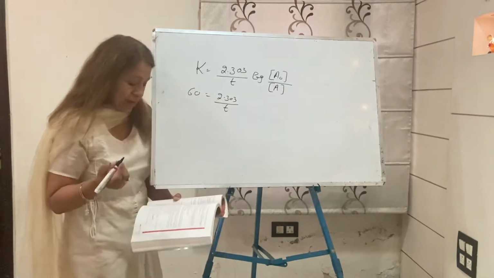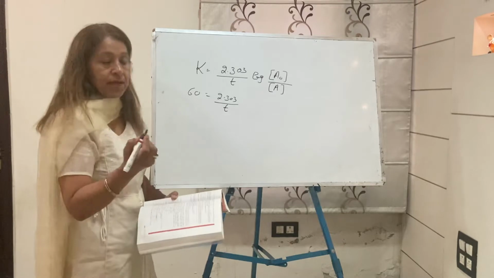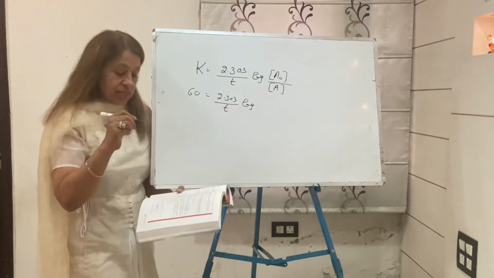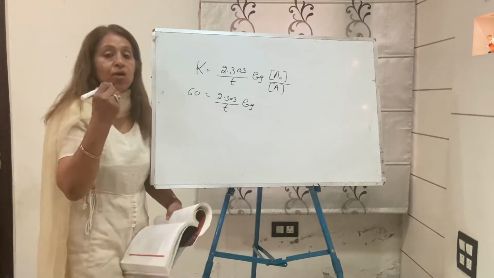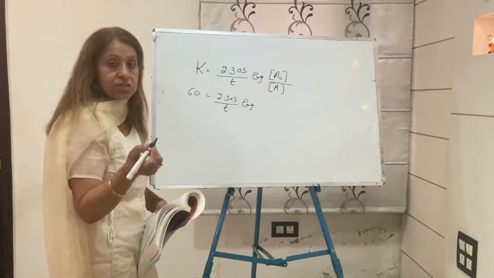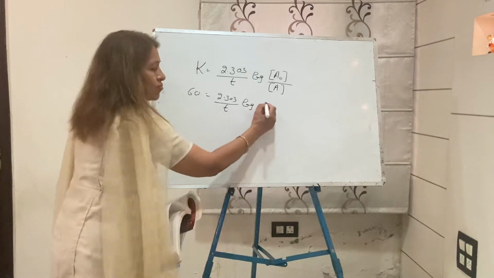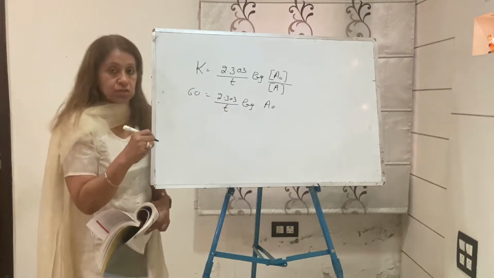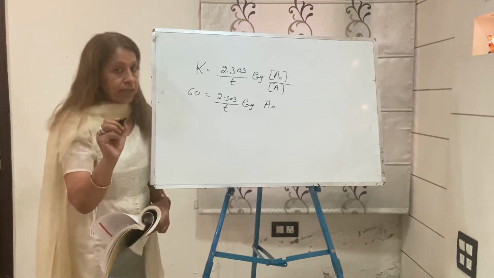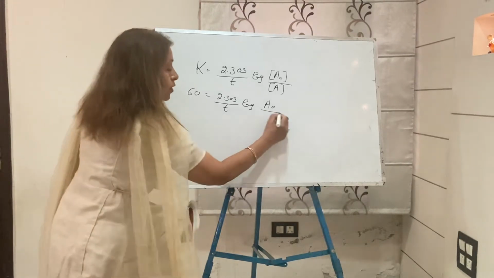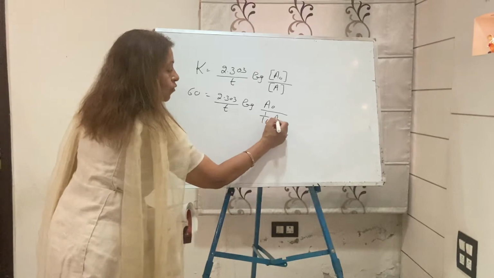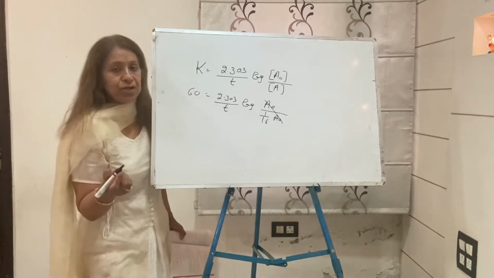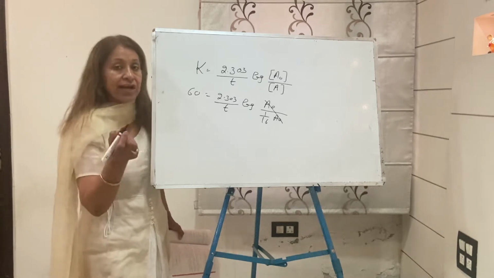We want to calculate how much time it will take to reduce the concentration to 1/16th. That means, what was the concentration when the time was 0? Just write A naught, because the rate constant of the first order never depends upon A naught. So A is 1/16th of A naught, and A naught always cancels.